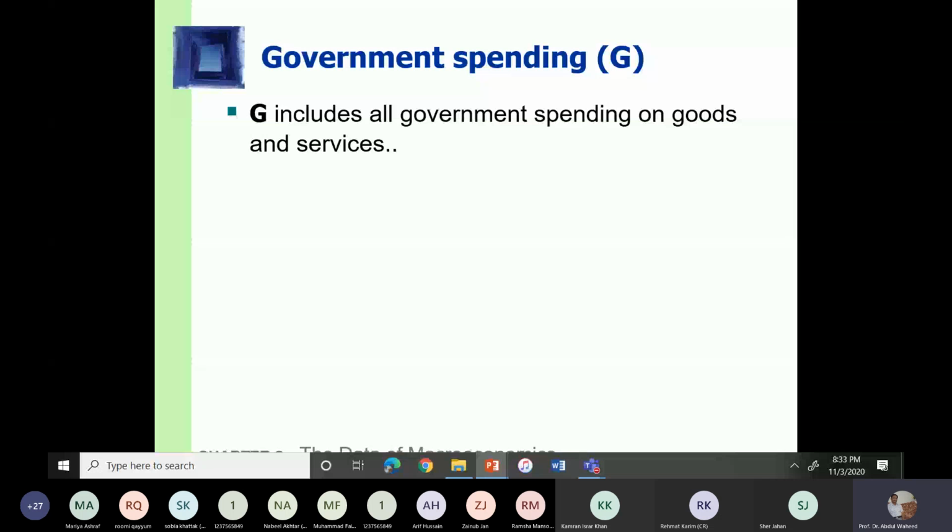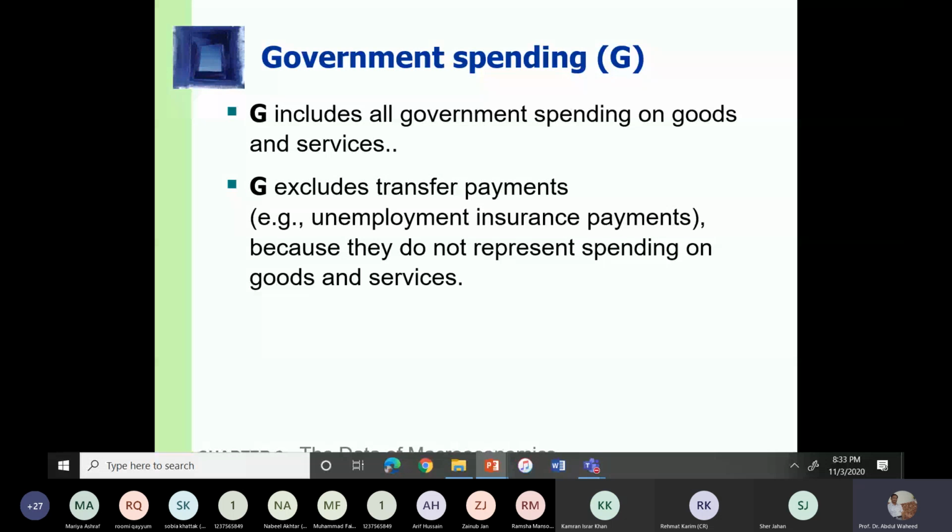This includes government expenditure, which includes spending on goods and services. This excludes transfer payments, unemployment insurance payments, and other benefits like old age benefits, because they do not represent spending on goods and services. So unemployment insurance and other transfer payments are not included.